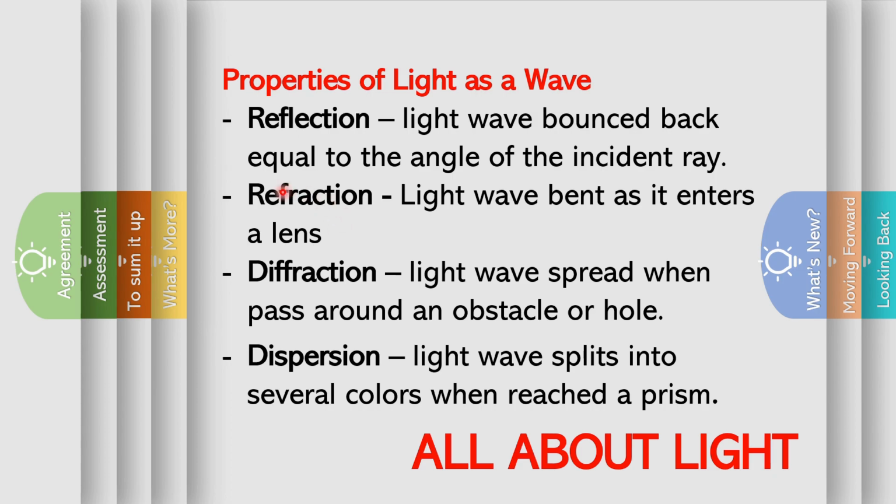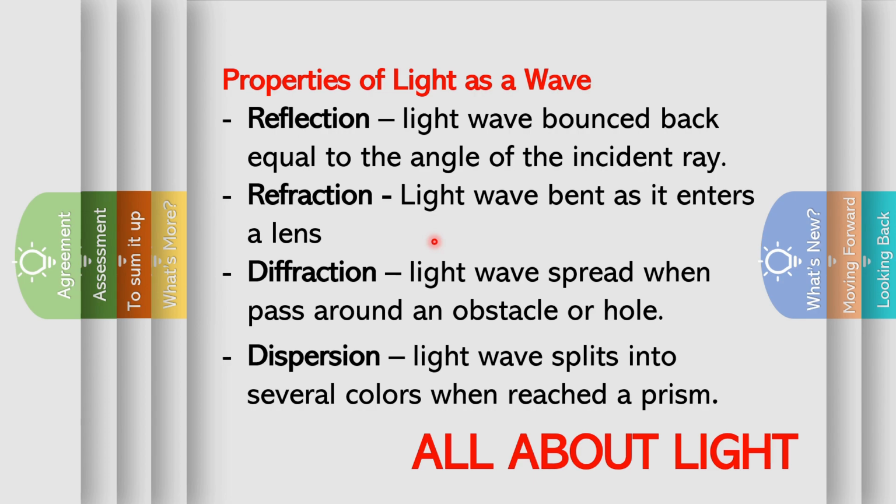Next, light also have refraction. Ano naman ibig sabihin nito? Light wave bent as it enters a lens. This is the reason kung bakit kapag halimbawa, malabang paningin natin, gumagamit tayo ng salamin. Kasi ang ginagawa ng salamin po, nire-refract niya yung light. Instead na yung light ay straight na tatama sa mata natin para maging normal, ang ginagawa ng lens is binabali niya yon.